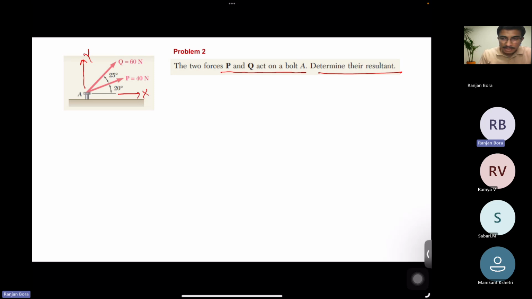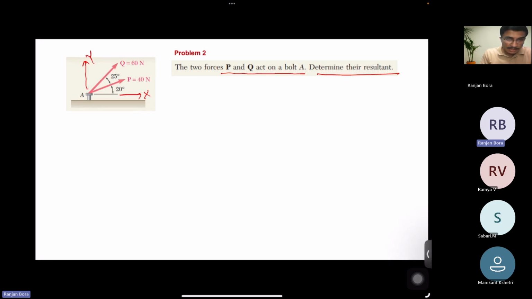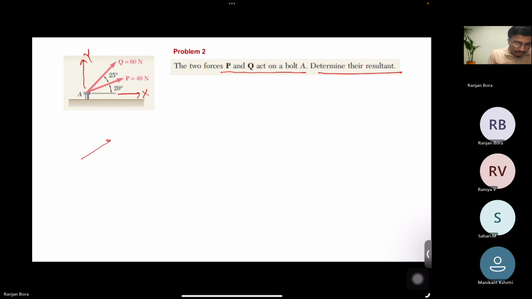Here you can see there are two forces. One is 40 Newton and another is 60 Newton. The 40 Newton force is at an angle of 20 degrees from the x-axis, and the 60 Newton force is at an angle of 25 plus 20, which will be 45 degrees from the x-axis. So we can draw these forces separately.